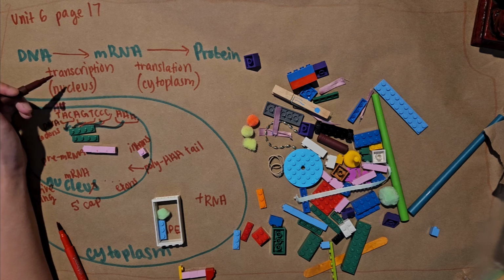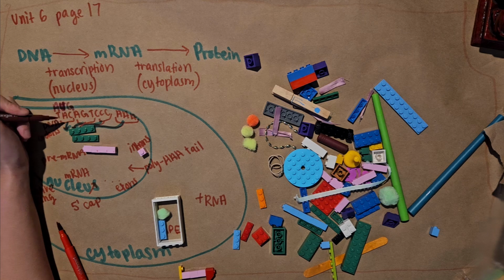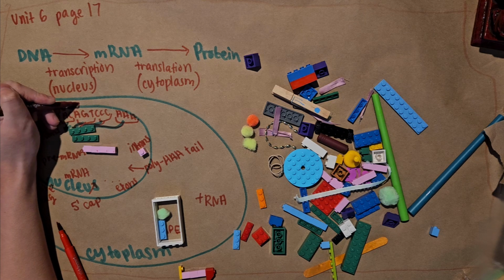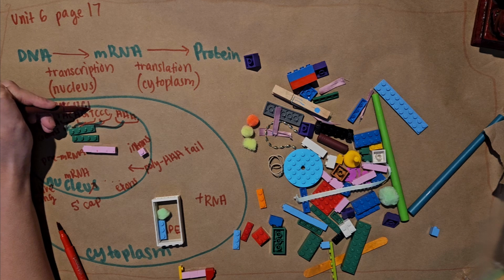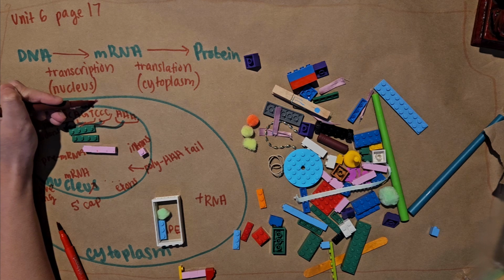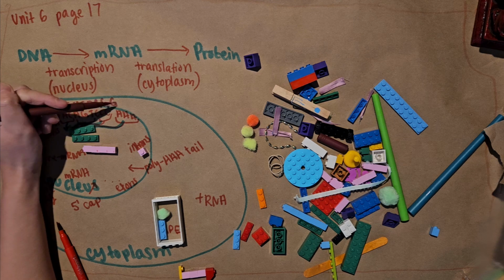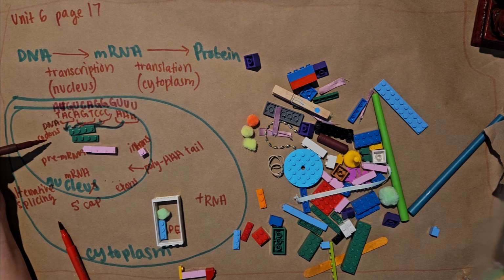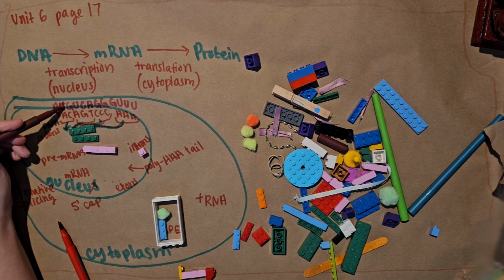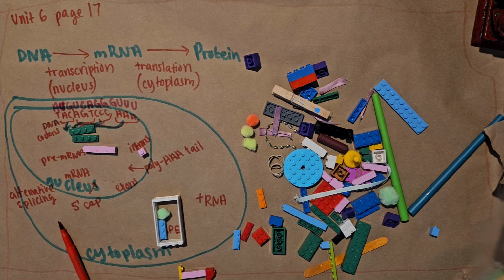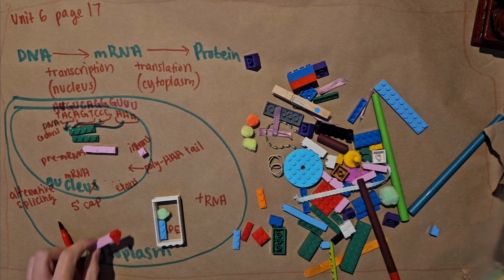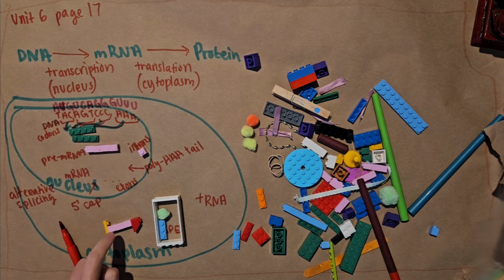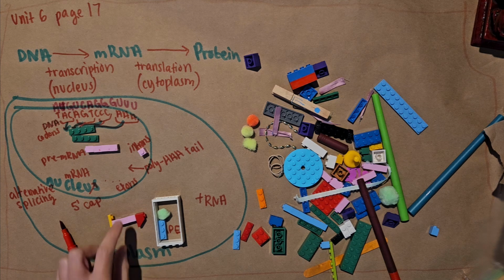There's a U now, because when we're going from DNA to RNA, the T's are now U's. So each one of these is an mRNA codon, which is made of 3 letters.